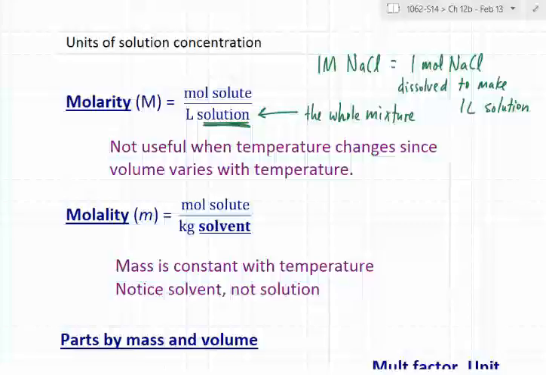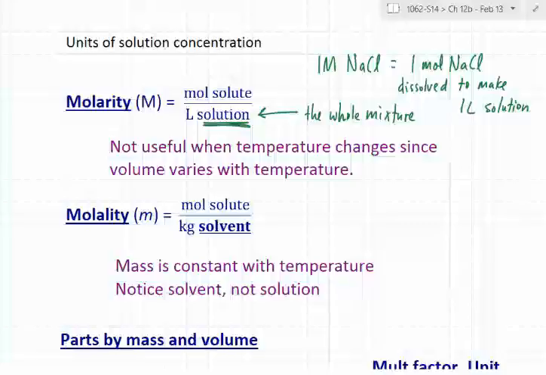That's what we do with molarity, but there's a problem with that if you are doing an experiment that involves a change in temperature. Because as you change temperature, the density of the solution will change slightly, but it'll definitely change. So without adding or removing any solute or water, you will change the molarity just by changing the temperature.